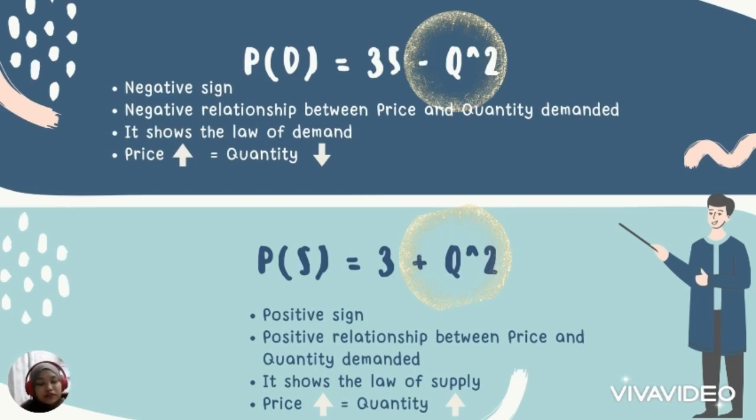Then the function of supply is because of the positive sign of coefficient Q power of 2, which indicates the positive relationship between price and quantity supplied. It shows the law of supply: when the price goes up, the quantity will go up. Same goes if the price goes down, then the quantity will go down too.